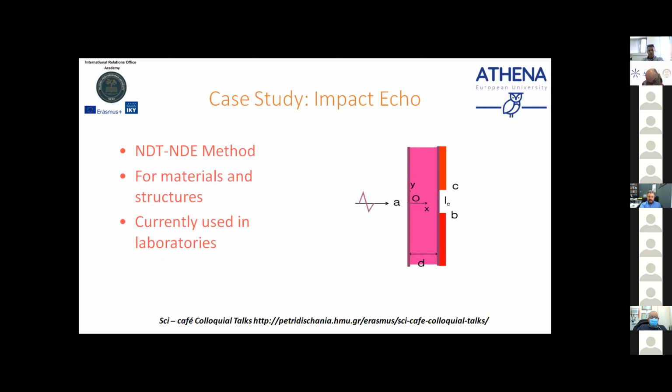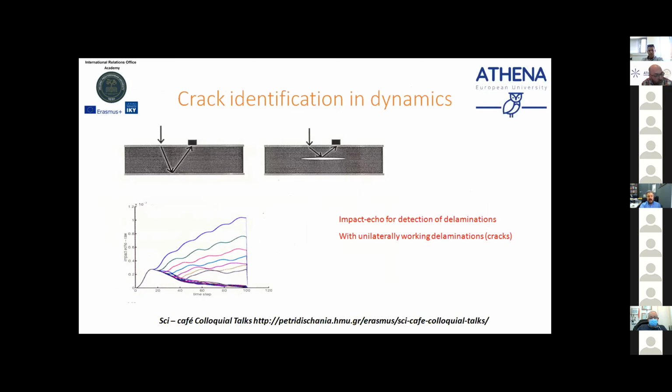In dynamics, I will show you some pictures of wave propagation and reflection in a very simple one-dimensional problem. Remind you that this wave propagation and reflection depends on hidden objects like cracks, etc. This is the so-called impact echo technique.